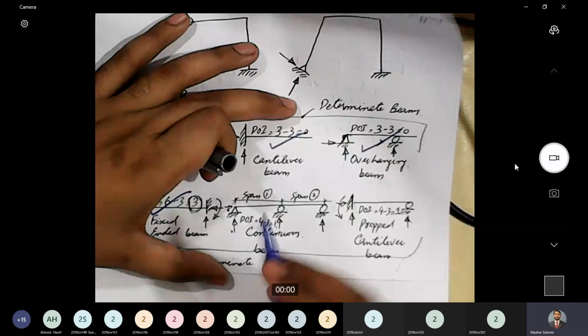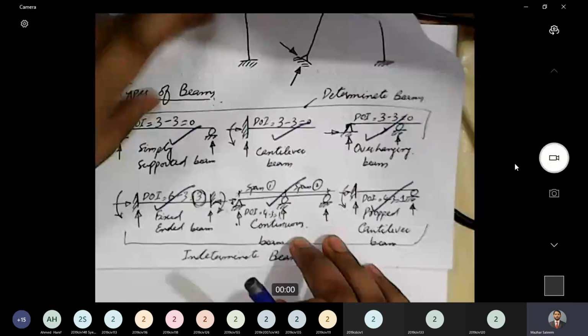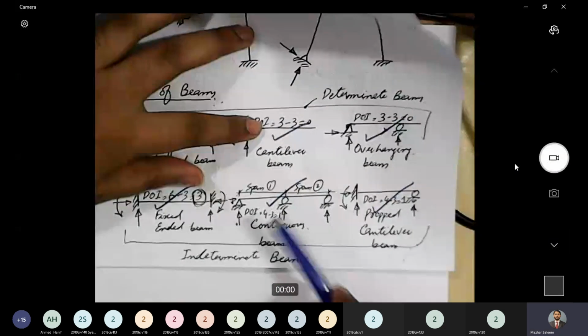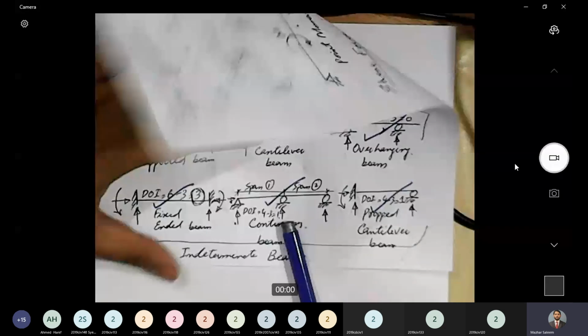Propped cantilever beam. 1, 2, 3, 4 reactions. Earlier I said it's indeterminate, but that does not mean it is a bad beam or an undesirable beam. No, that's not the case. But stability is a desirable attribute.